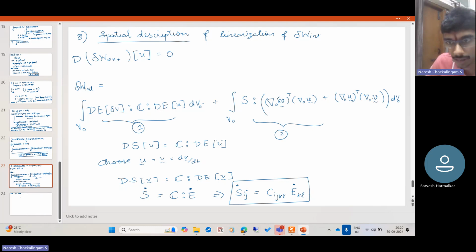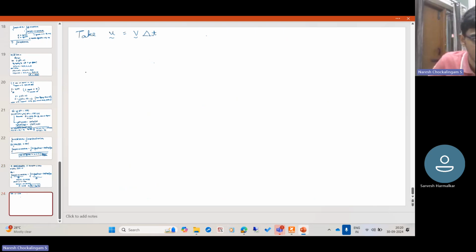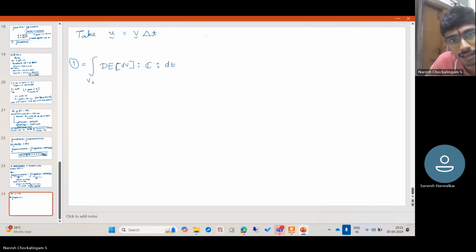Okay, one more thing. There's a del here. Sorry about that. So the first term becomes integral. So first term is dE in the direction del V, double dot, integrated over the volume, double dot dE in the direction of the actual velocity del T dV naught.